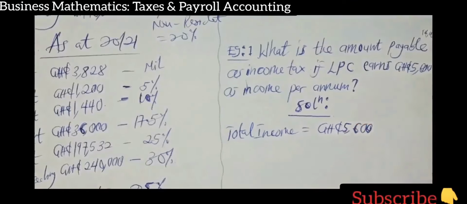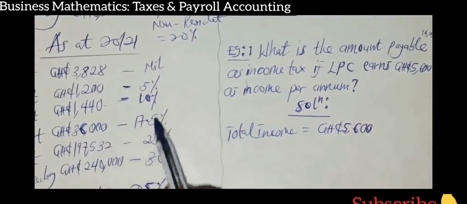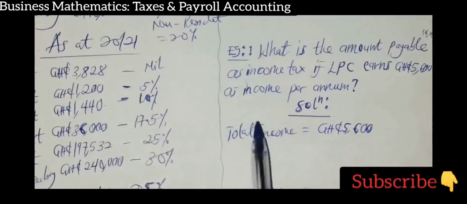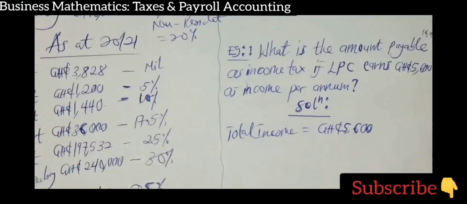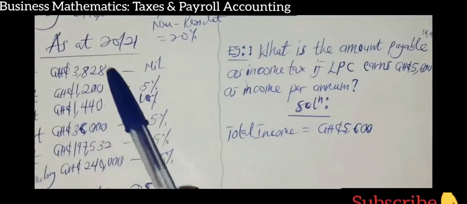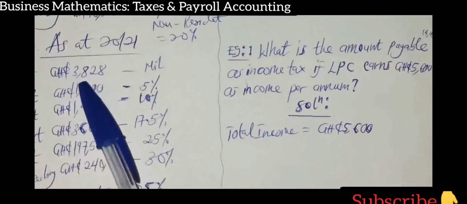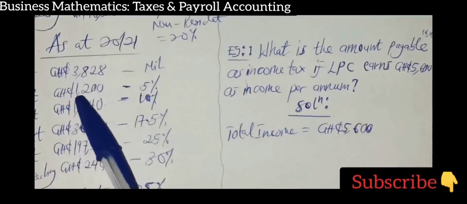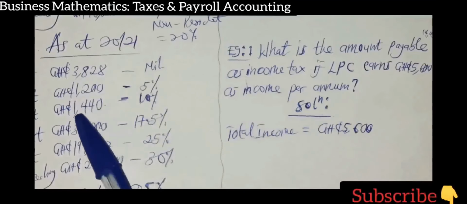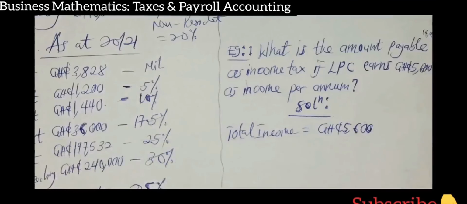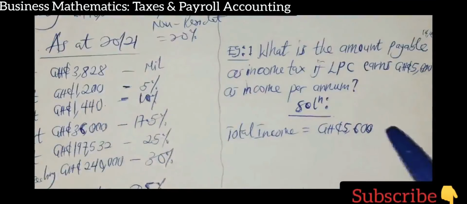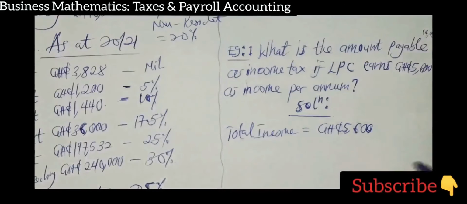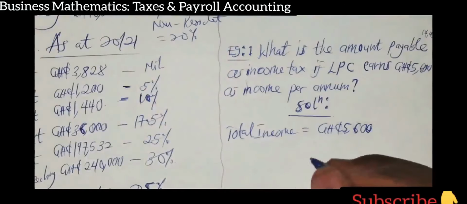So you ask yourself, with this 5,600, how many levels will it cover, so that we can make our charges within this tax net. If I take away 3,820 from this, how much is left? Can I still take 1,200 from it? Can I still take 1,400? If you can get that progress, then you tax that amount. So this is how it's going to be.